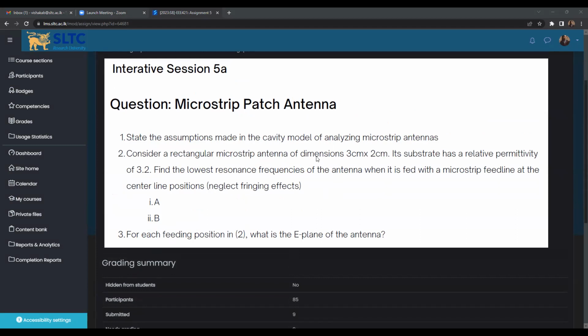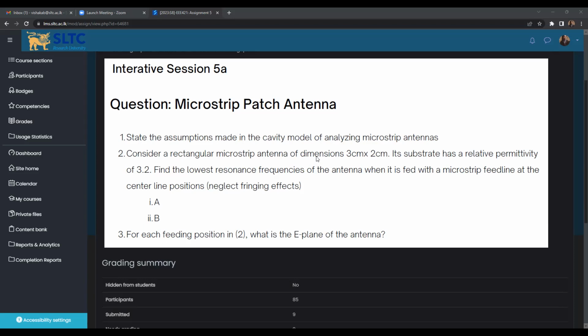In order for us to mathematically model the electric field distribution, we are using the cavity model, and we have learned that we are considering a specific scenario under the assumptions of the cavity model.